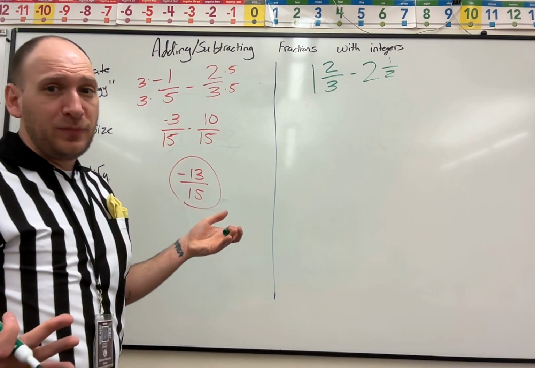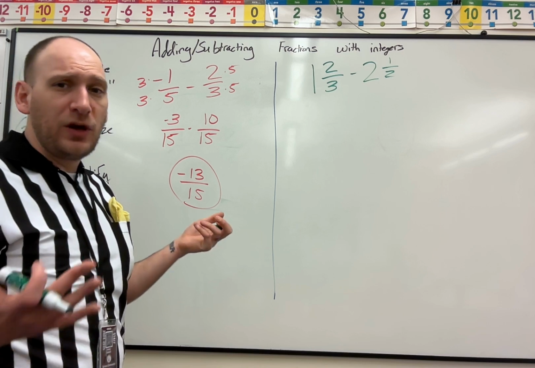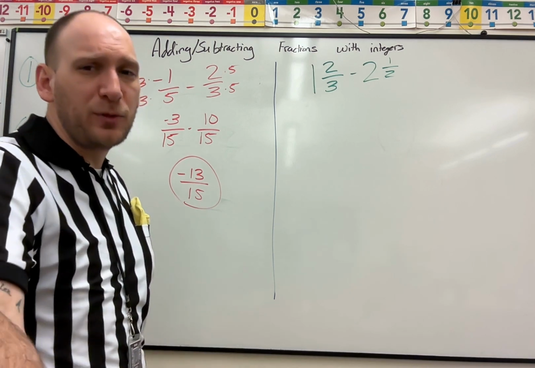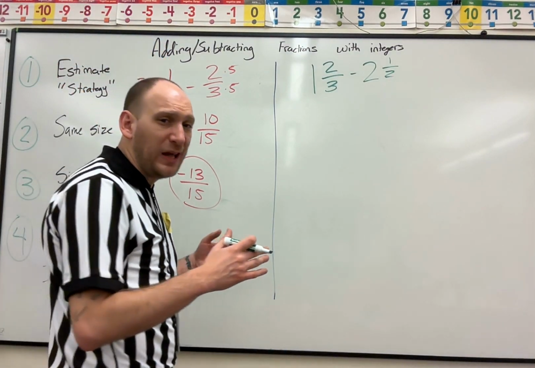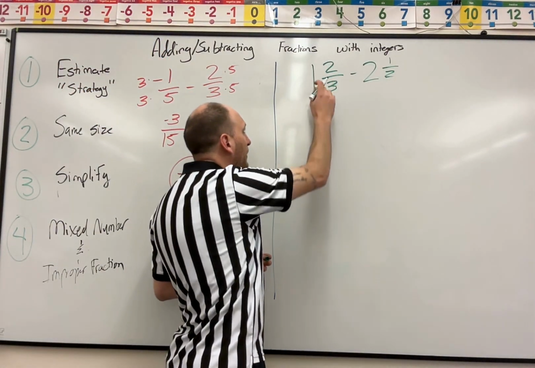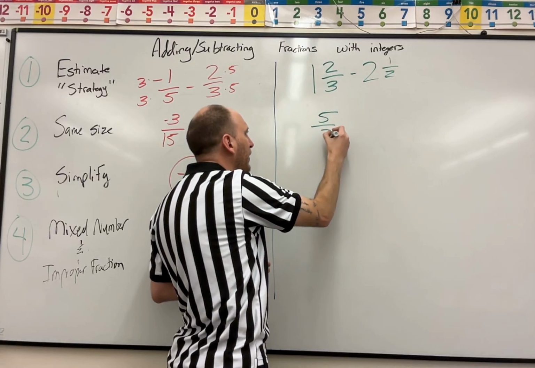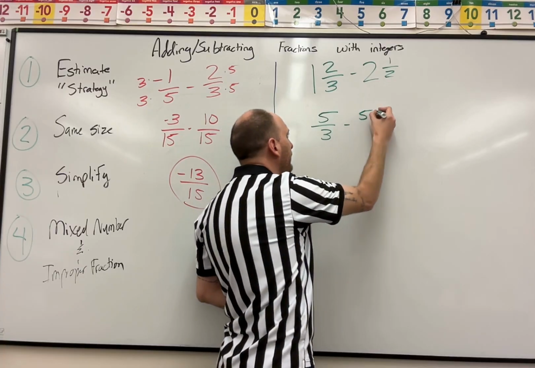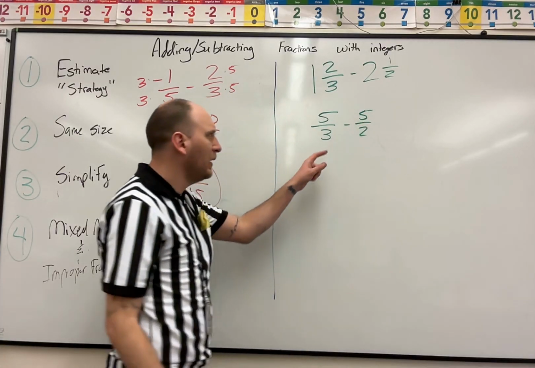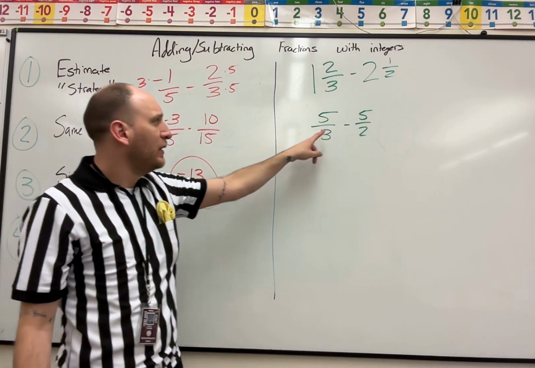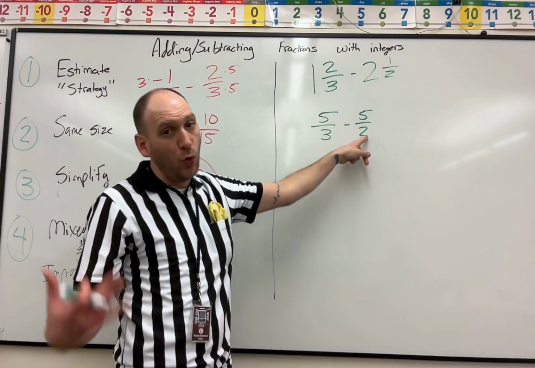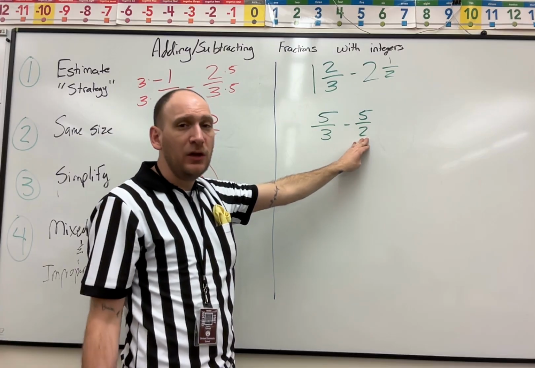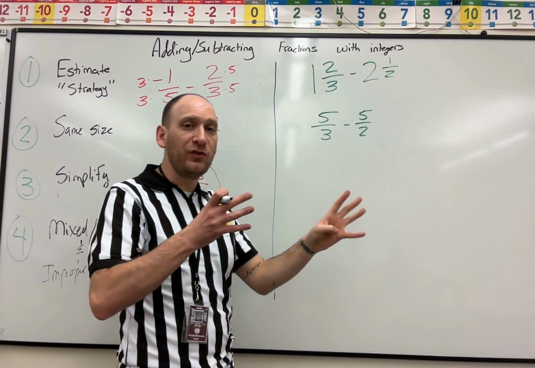Well, anytime I'm working with mixed numbers, I'm going to convert that to improper fractions because in general, improper fractions are easier as we're working on any strategy. So in this problem, we would get 5/3. And this one, I would get 5/2. I have a positive minus another positive, or I have a positive next to a -5/2, which means I'm going towards 0.